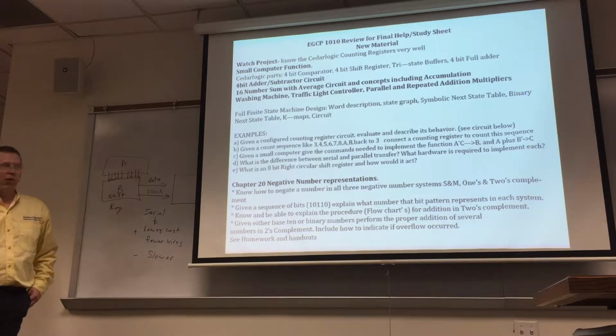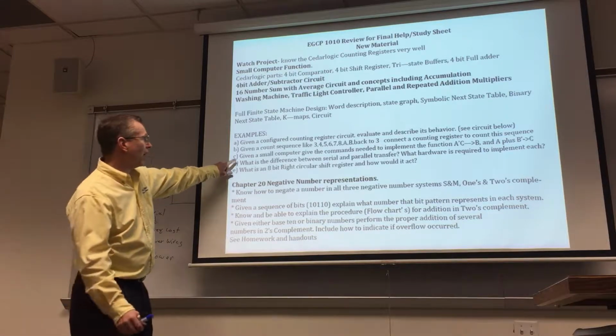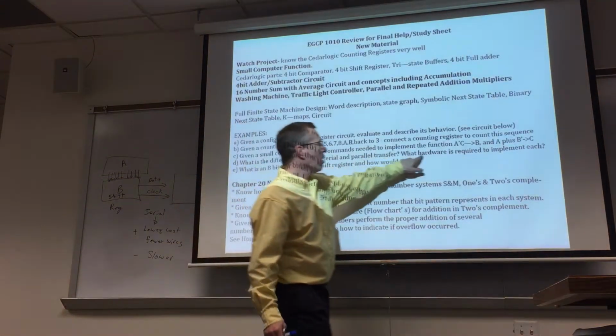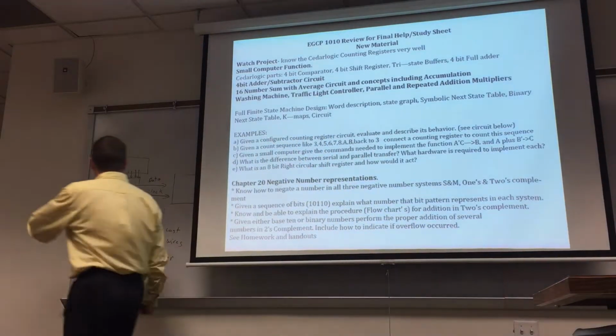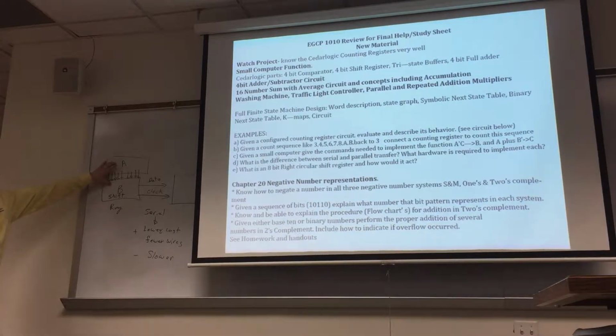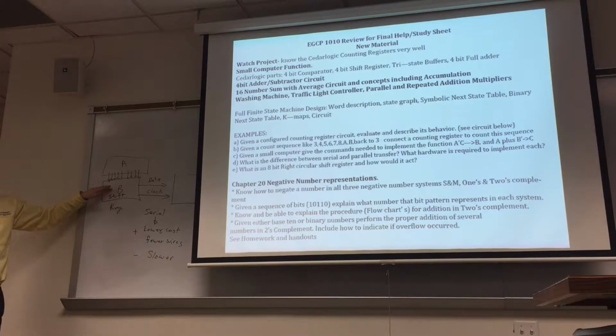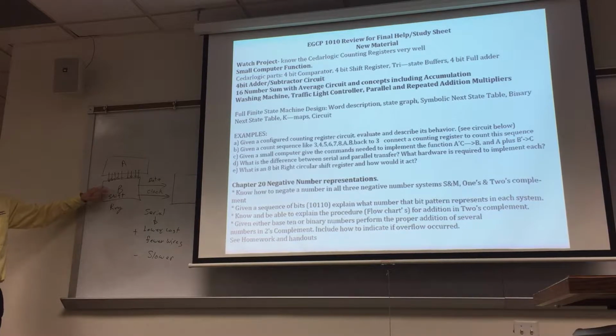Now, the question Paul actually asked, and the question that's asked here: what hardware is required to implement each? Well, let's think about it. If I'm going to do a parallel transfer, I have to have a parallel loadable device, right? It's got to be able to load everything in parallel.